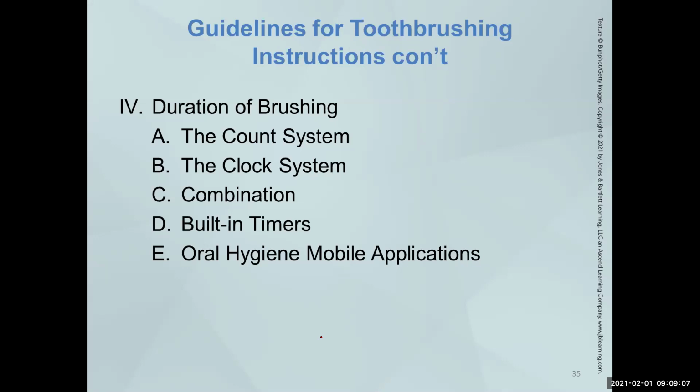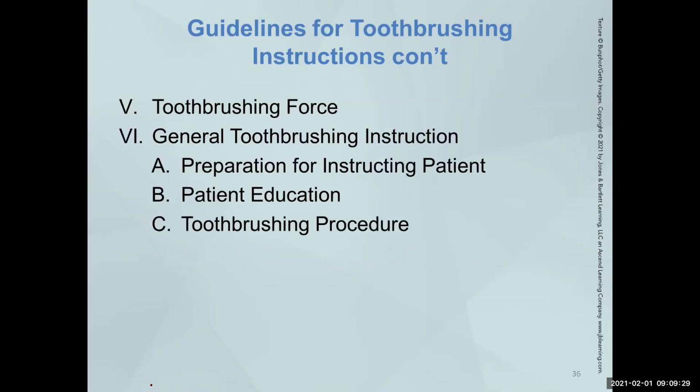Those are the built-in timers. And now we're coming up with all sorts of mobile applications. We're getting smart toothbrushes that you can use with your smartphone to let you know how much pressure you're placing on the brush, what areas you're minimizing your brushing, where you need to work more.